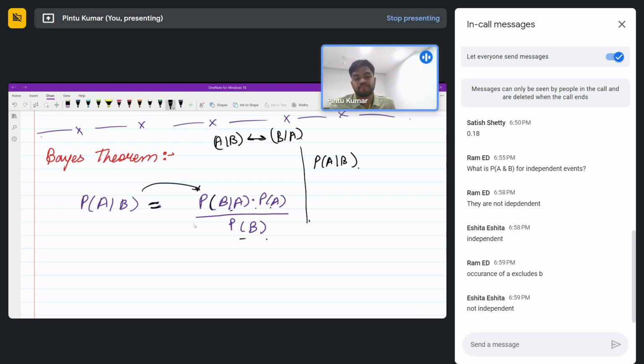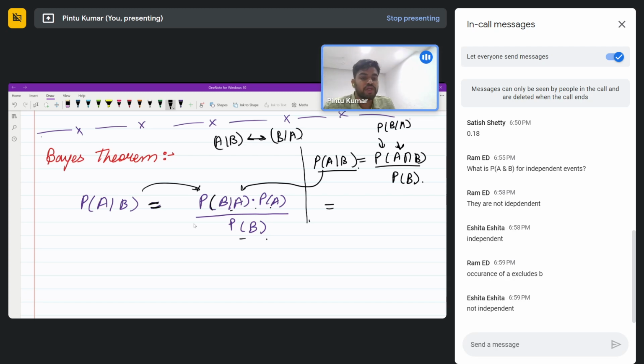Okay. So let's try to derive it. You know probability of A given B, we want to reach the point probability of B given A, right? So this is probability of A intersection B divided by probability of B. Now, if you want to convert this into probability of B given A, how can you do this? If we divide the numerator by probability of A, then we are done.